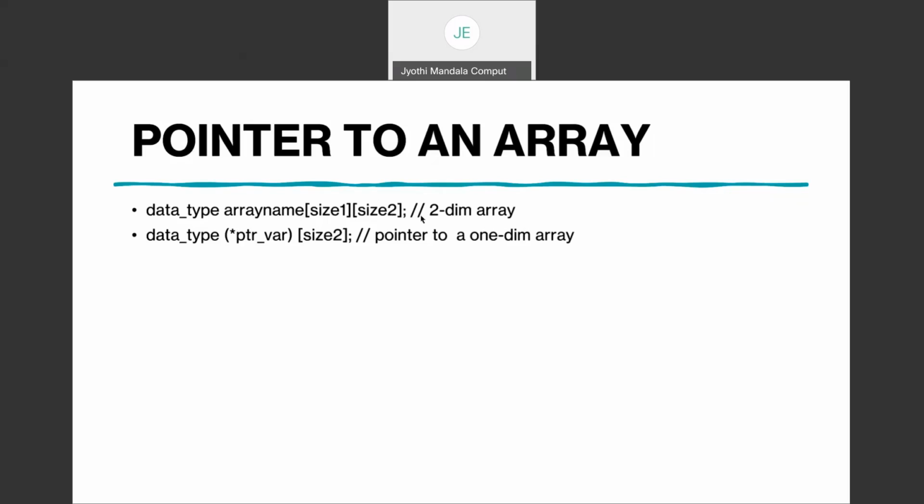But if you want to use a pointer to store the address of a two-dimensional array, then you need to put a star and give the variable name, so it is considered a pointer variable. Then you need to specify the size, and that size should be equal to the column size of the array. So if the column size is 5, then this should be 5. No need to mention the row size, you only mention the column size. This is how a pointer can be declared.